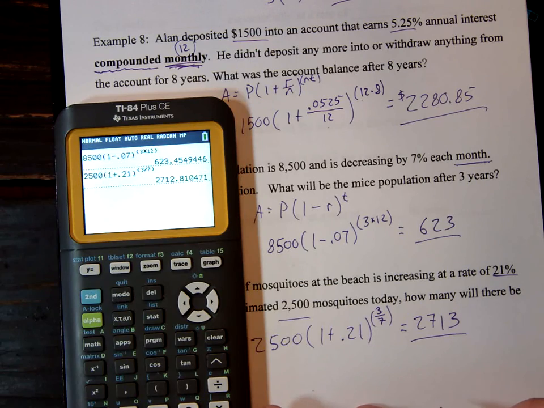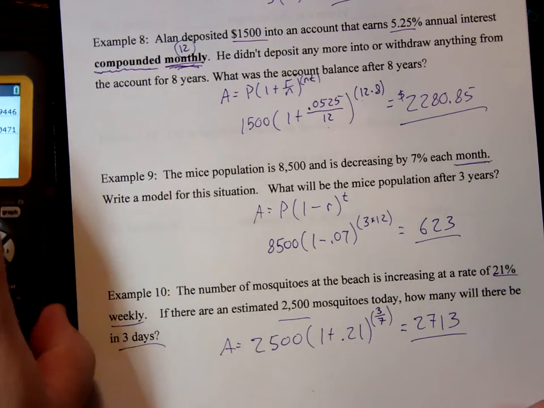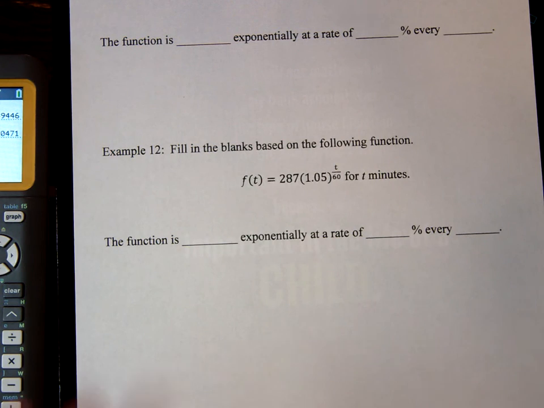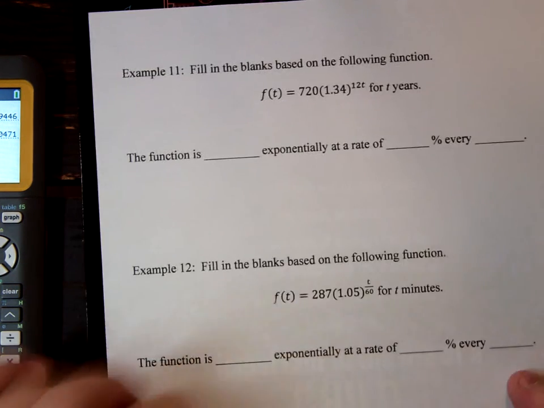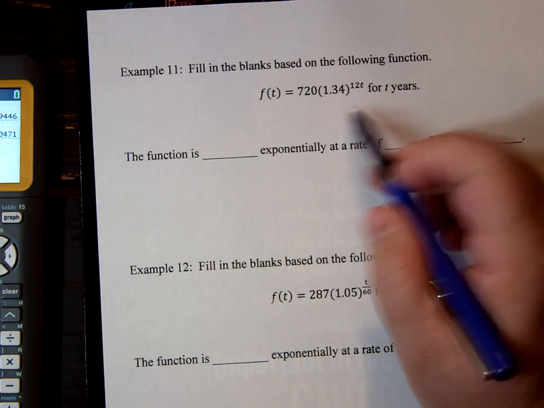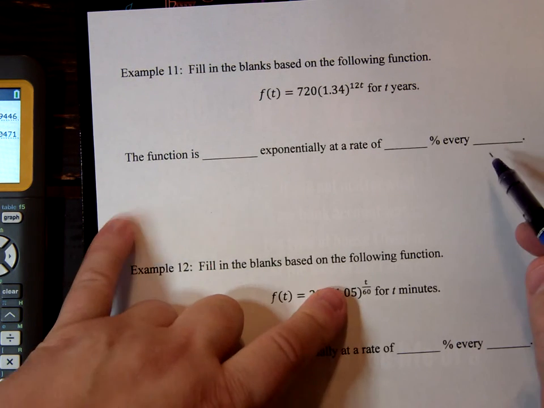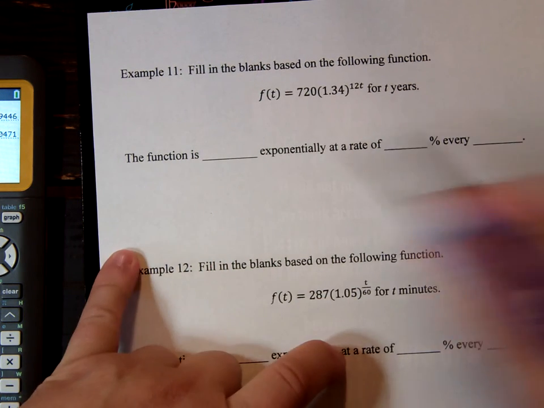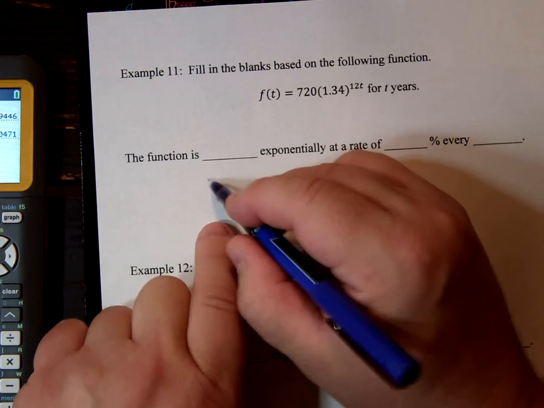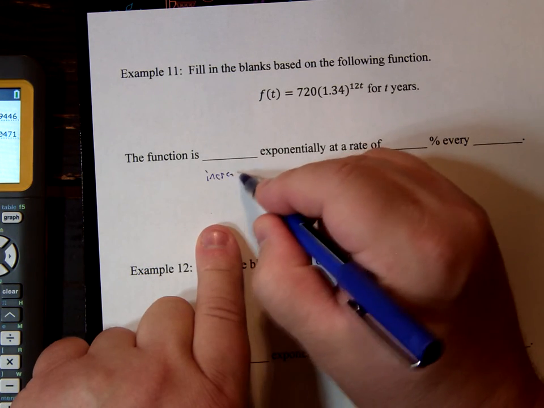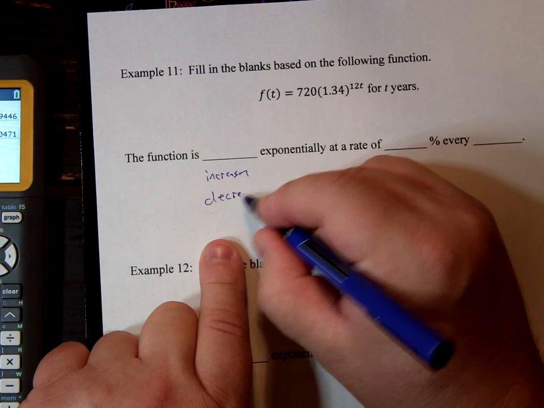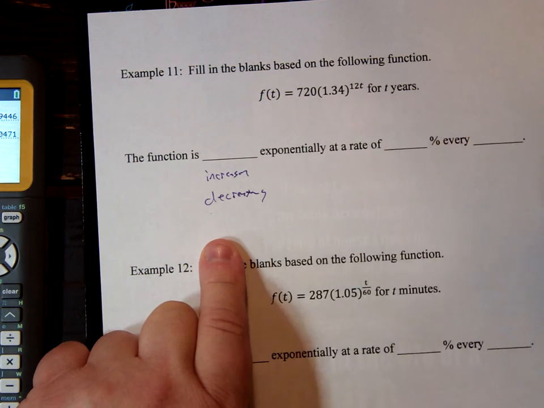All right. So then the last part of your assignment is looking at what we're just talking about here, where when you look at a function, can you identify all the parts of it based on this sentence? You're going to have a few of these. So this function is, in your first blank, is whether it is increasing, decreasing, growing, or decaying, right?